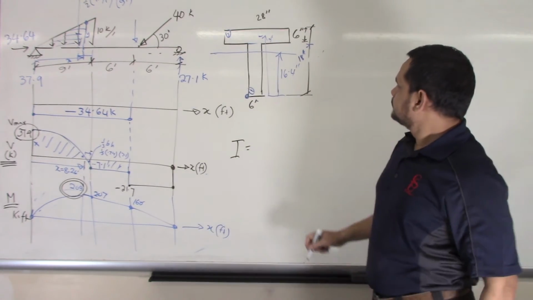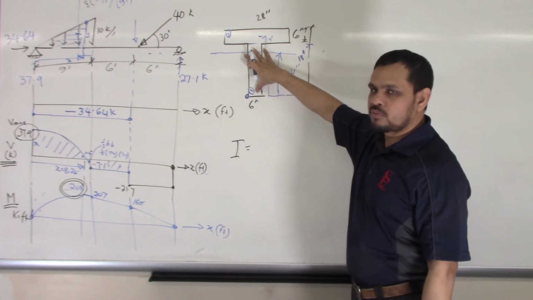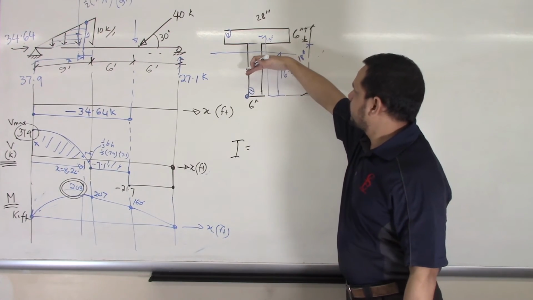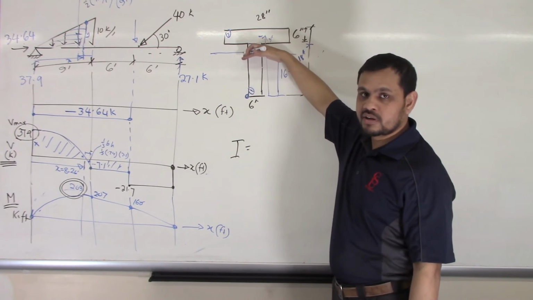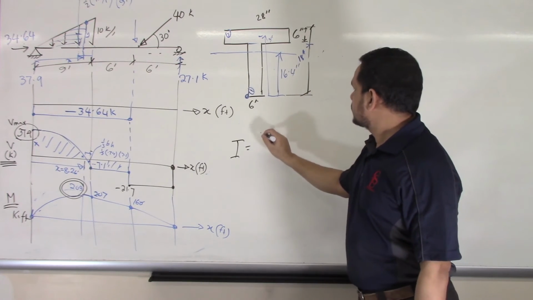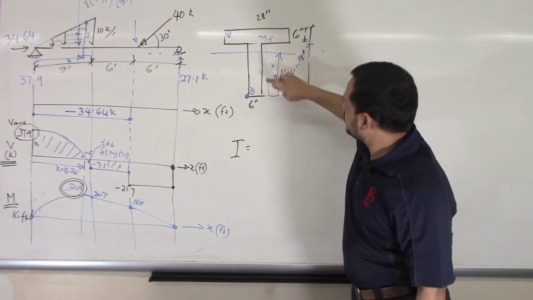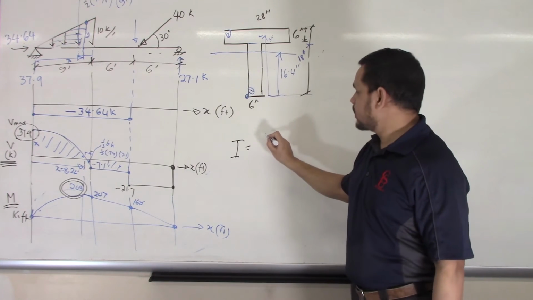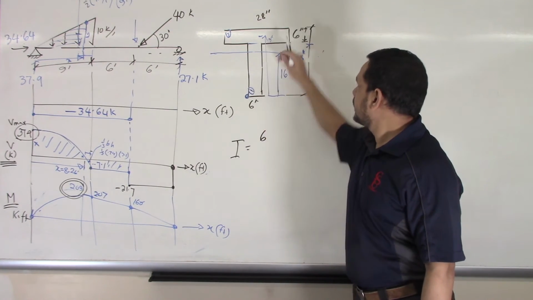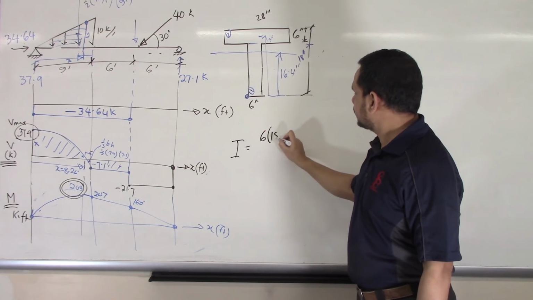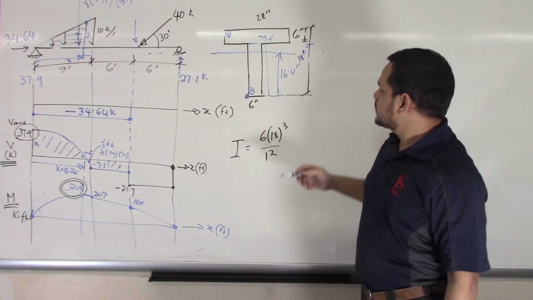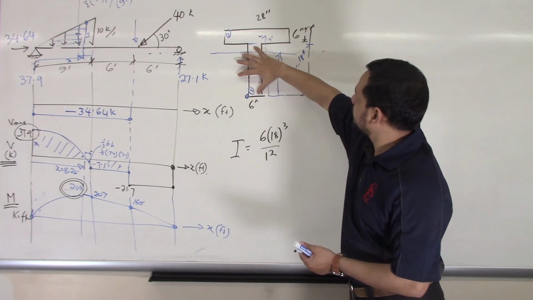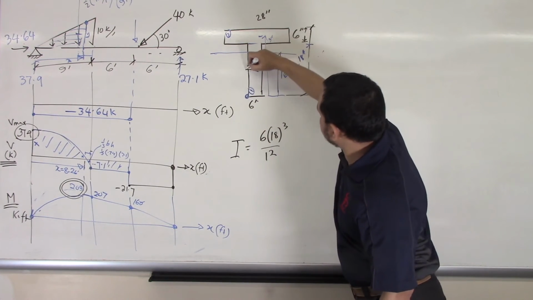How to find it? Moment of inertia of section 1 first, about its own centroid, and then transfer it to the composite centroid. So that is moment of inertia for part 1: B is 6, A is 18, b a cubed divided by 12. That is the moment of inertia of part 1, this portion only, about its own centroid.